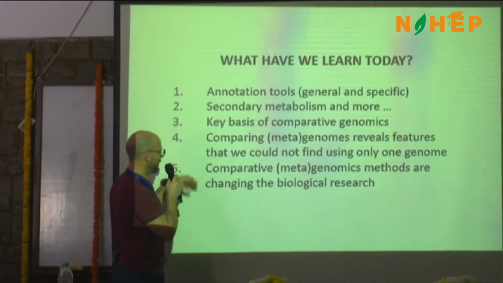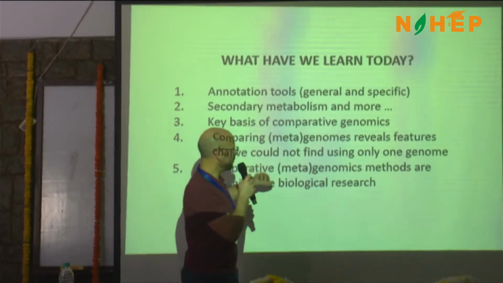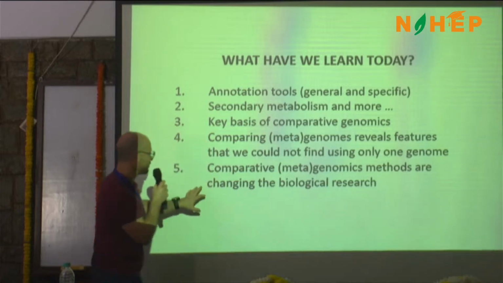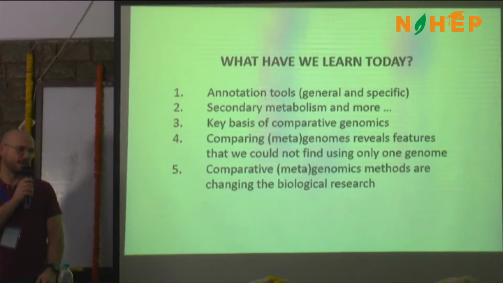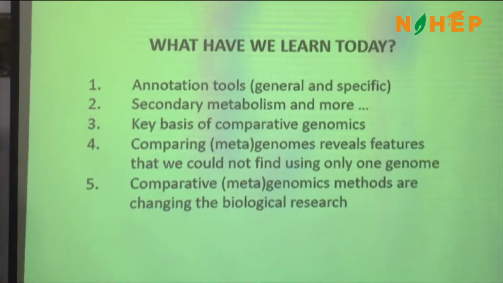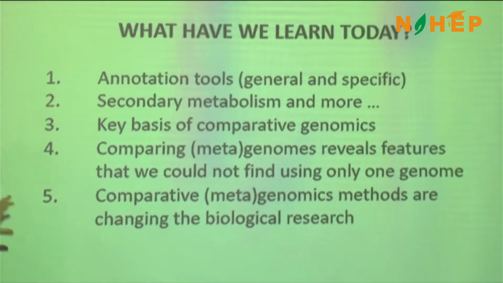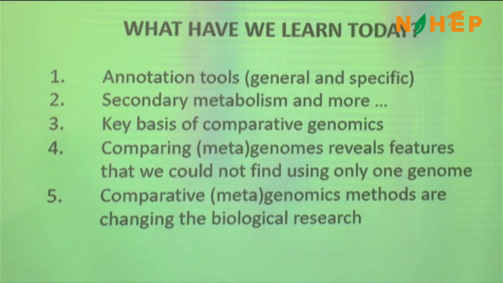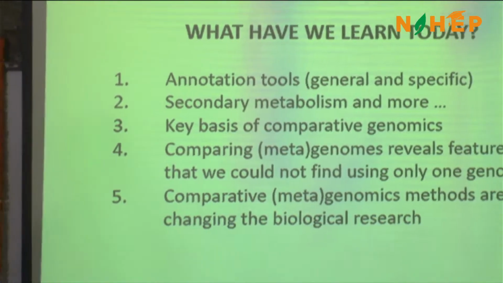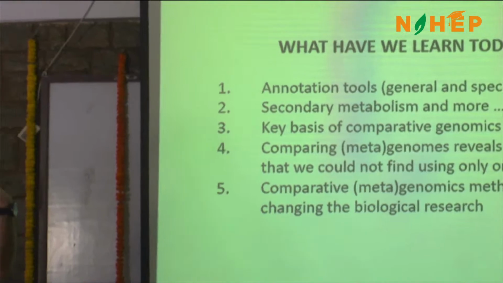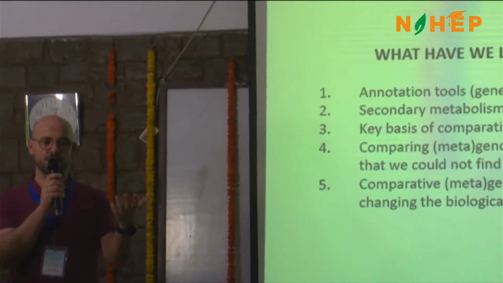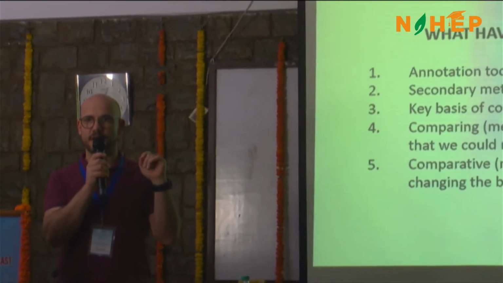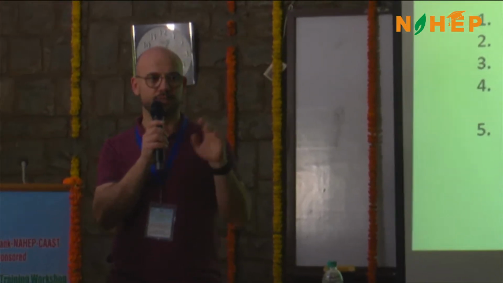I hope you agree with me that comparative genomics methods are changing biological research. We are getting so much data, not only genomes but also metagenomes, and we need to find new ways to extract the information and get where we want to get.